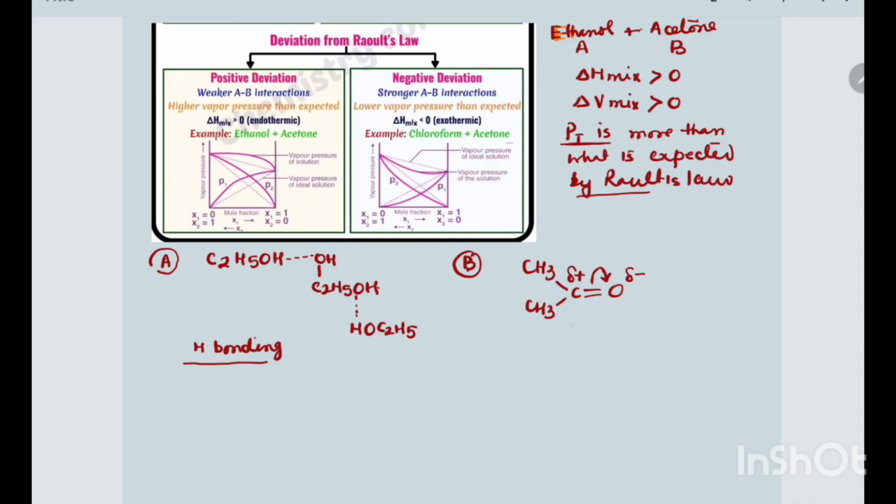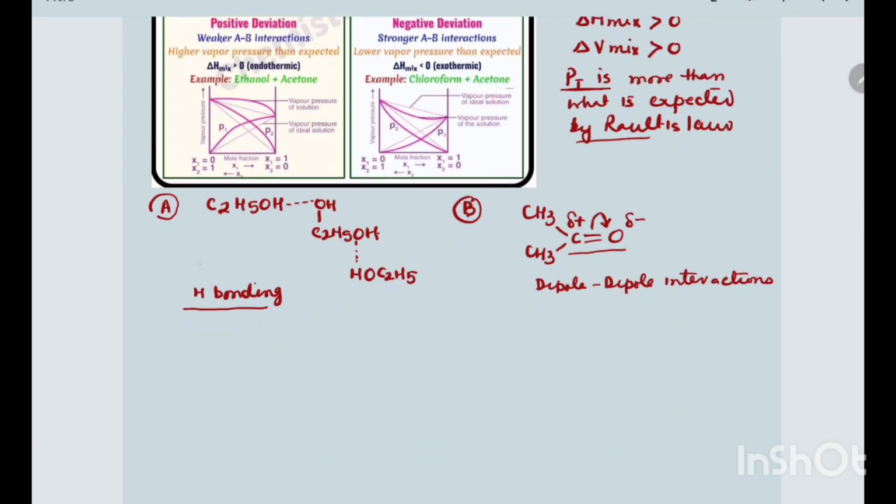So this molecule shows polarity, and because of this there are dipole interactions between the acetone molecules.